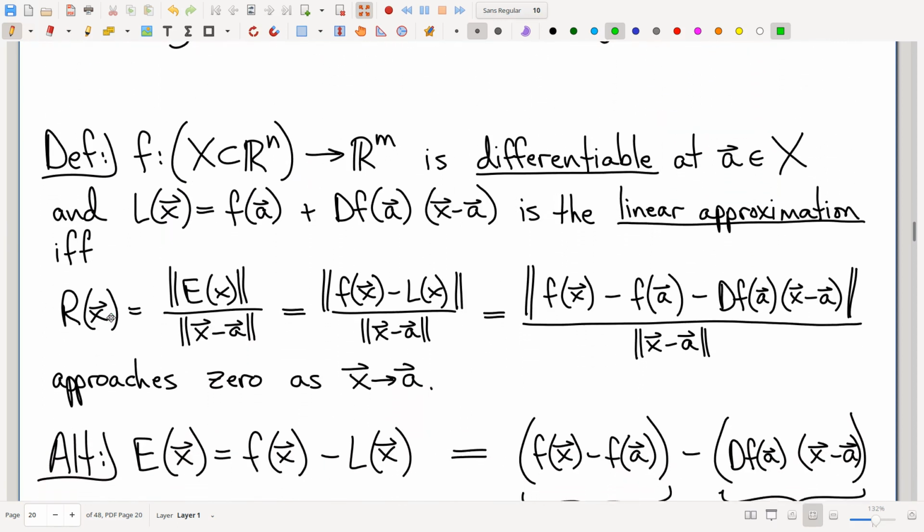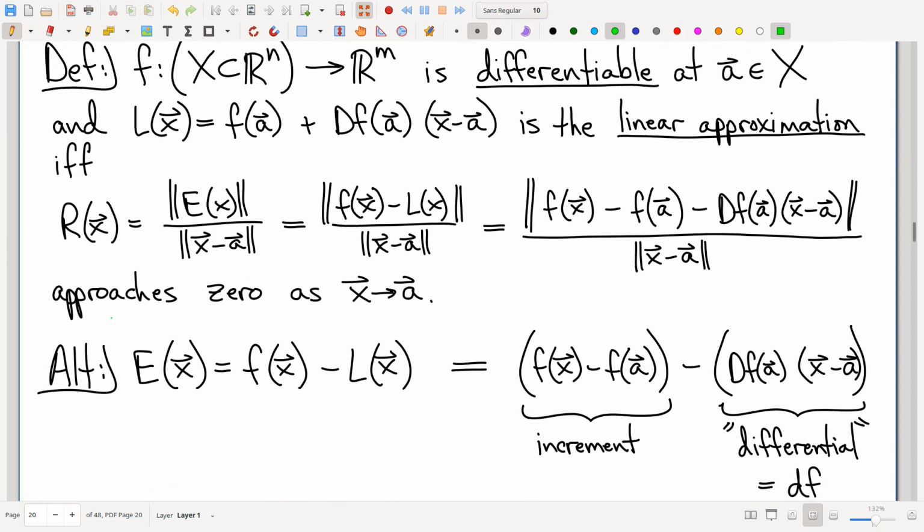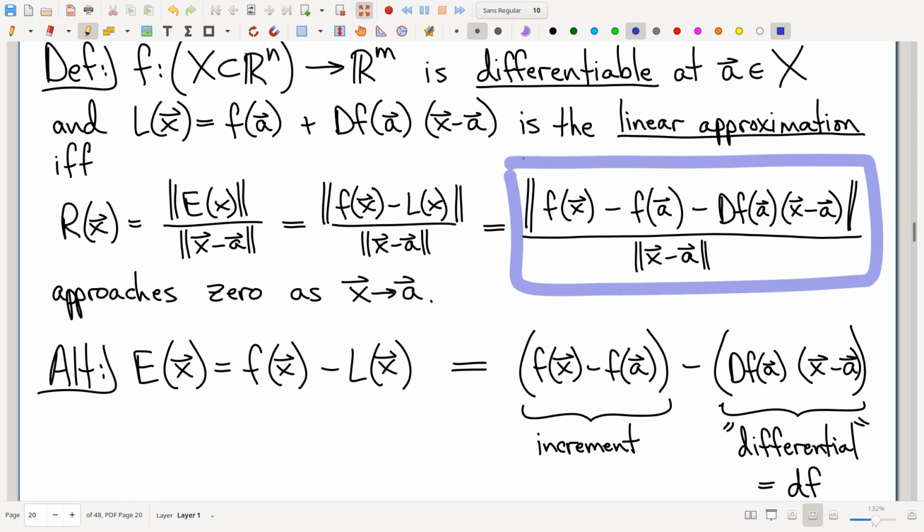So you're going to find in the book a formula that looks kind of like this. And okay, let me just wrap this up real quick. We need to look at this expression right here, and all this nightmarishly complex looking thing is nothing more than the relative error.